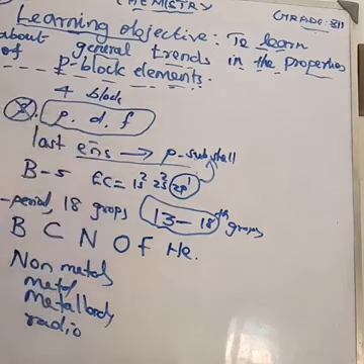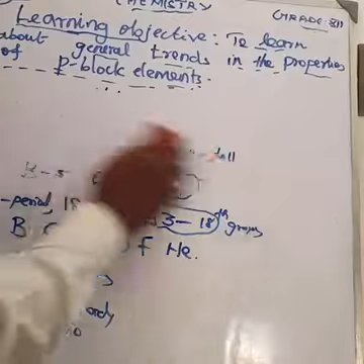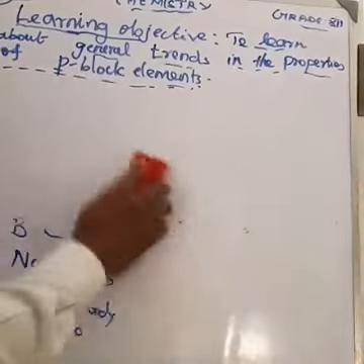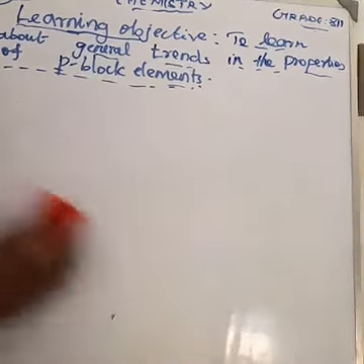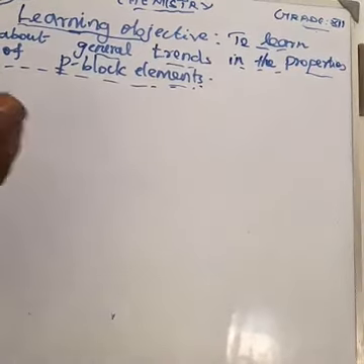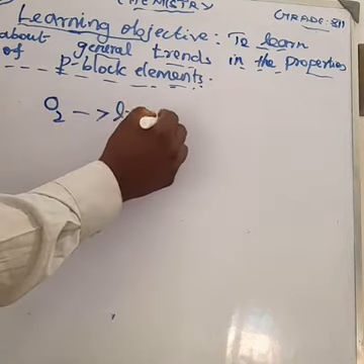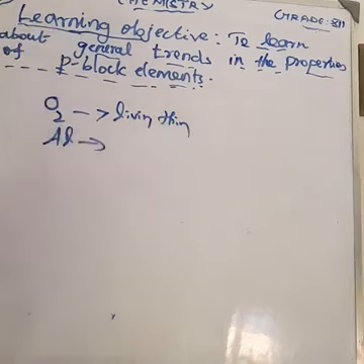The elements of this block and their compounds play a very important role in day-to-day life. For example, oxygen. During respiration, we take in oxygen. We cannot imagine the survival of living systems in the absence of oxygen. What about aluminium? It is the most abundant metal.